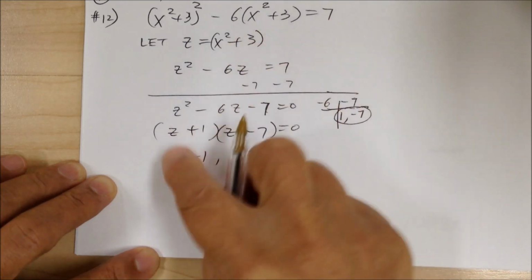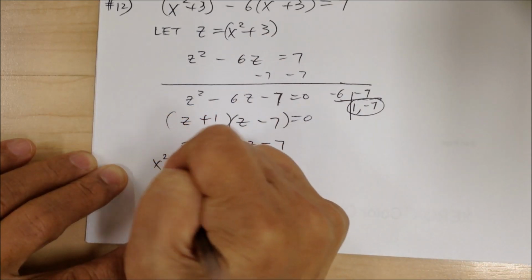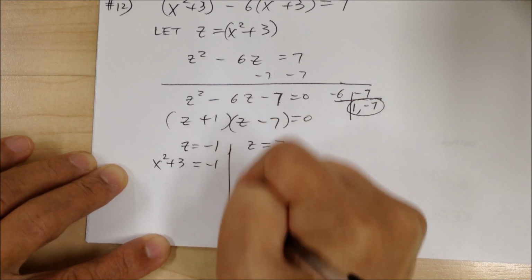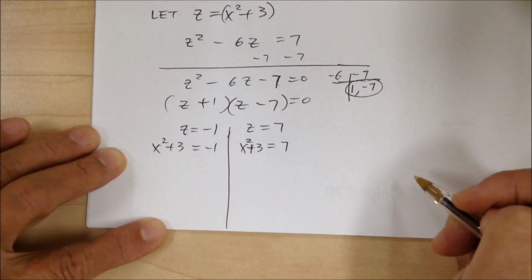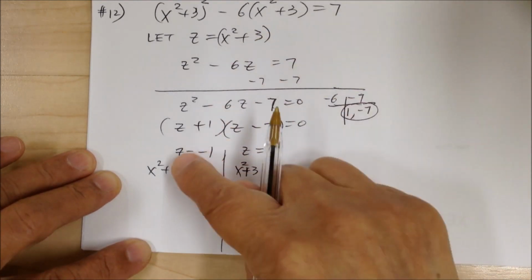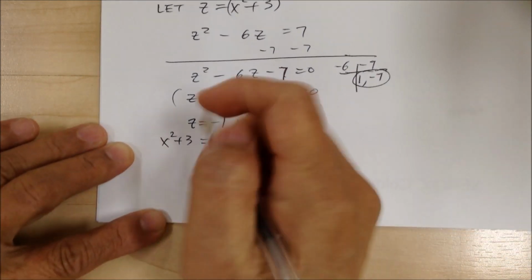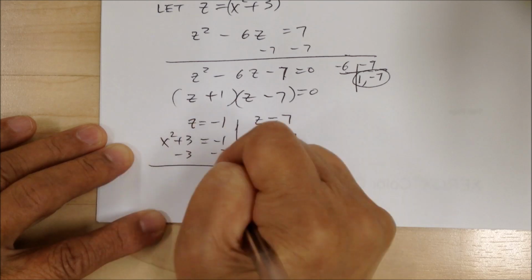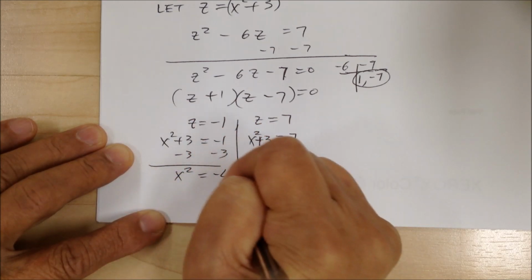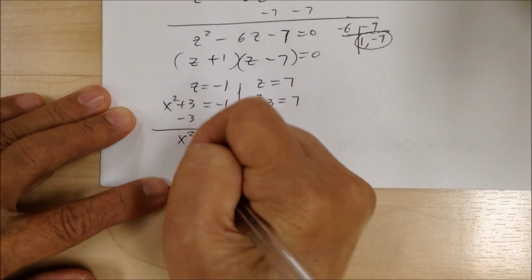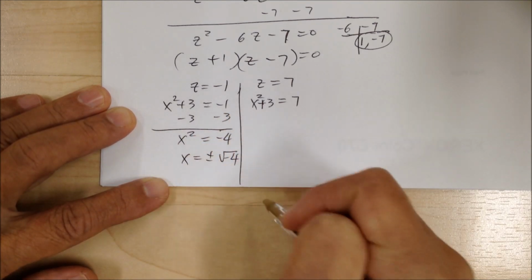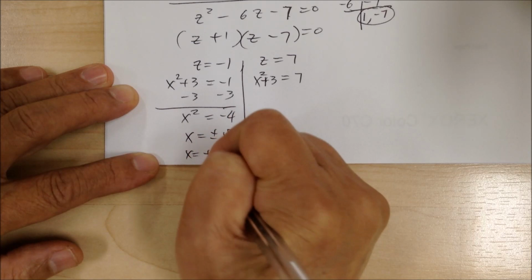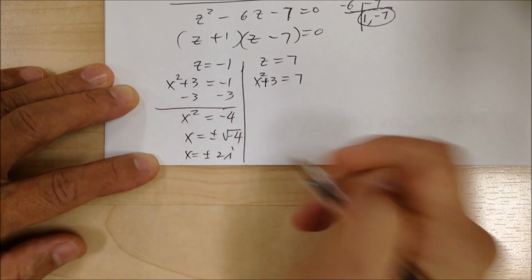Then you put this back in here, so you get x squared plus 3 equal to negative 1, and x squared plus 3 equal to 7. So you can substitute this back into the z. Then from here, minus 3 on both sides. So x squared equal to negative 4. Take the square root. So x equal to plus or minus square root of negative 4, so x equal to plus or minus 2i.